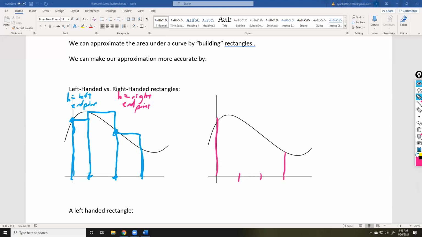This time, when I'm looking at my space from 0 to 1, if we're doing it the right-handed way, when I make the choice between the two, I'm going to choose the right endpoint. So between 0 and 1, I'm going to choose 1, and build my rectangle from there.